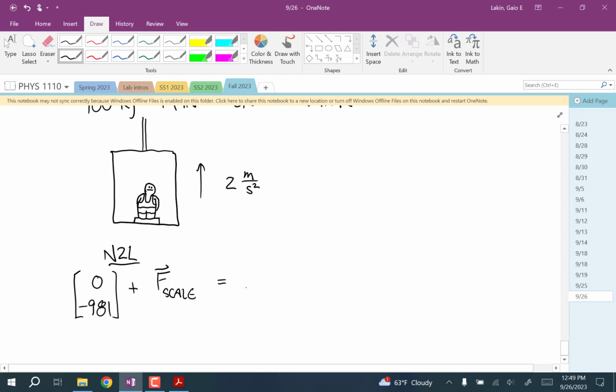And that's equal to the mass of the man times the acceleration of the man. If he's just standing there in the elevator, then everything in the elevator has the same acceleration. So this is going to be 0, 2. I'll leave the units off this time.